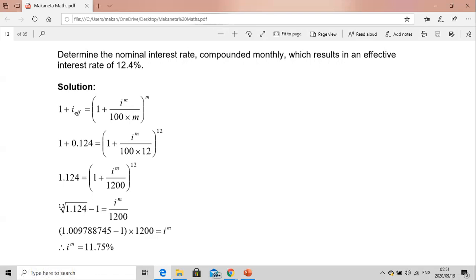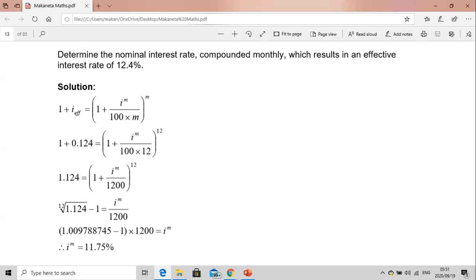And then if you multiply both sides by 1,200, you can tell that I to the power m will be equal to 11.75%. And without doubt, you can see that the nominal interest rate is less than the effective interest rate.